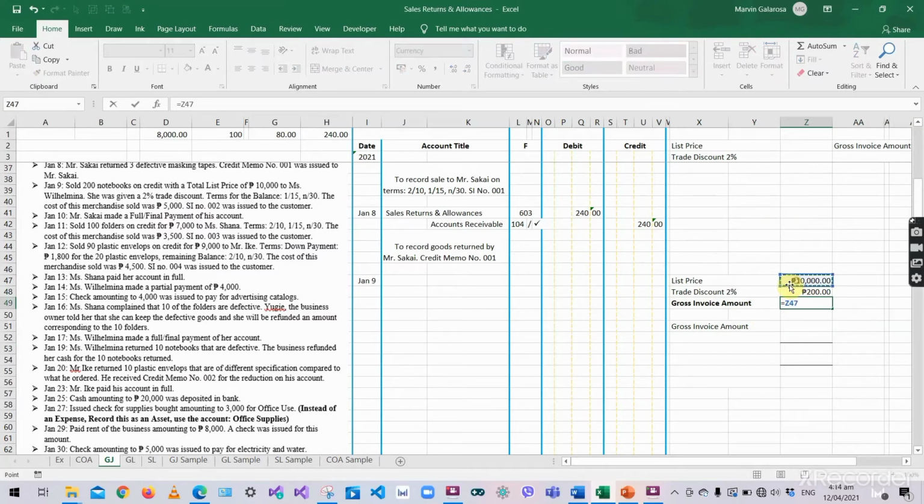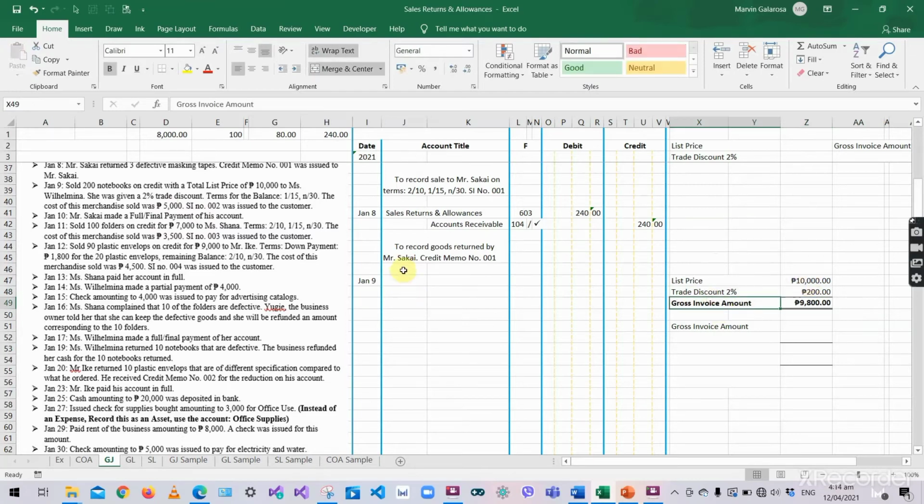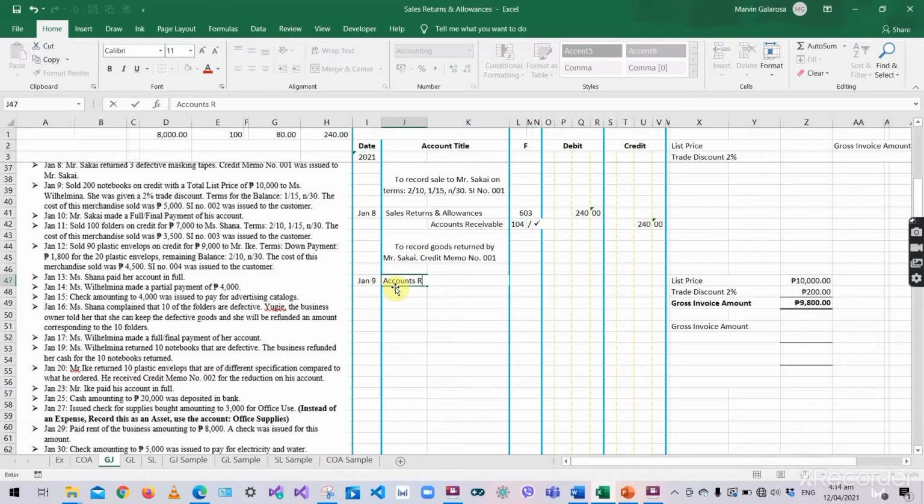Ang gross invoice amount na nag-appear sa sales invoice would be 9,800. Entry would be debit accounts receivable magkano? Ito na, 9,800. Hindi na mag-a-appear yung trade discount sa journal entry since immediately deducted siya sa list price.